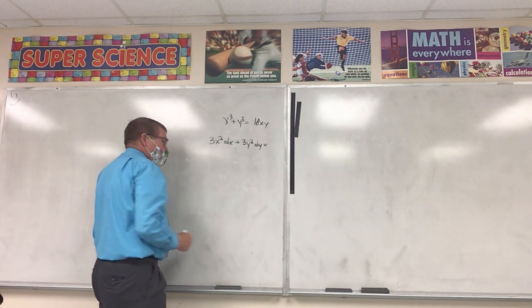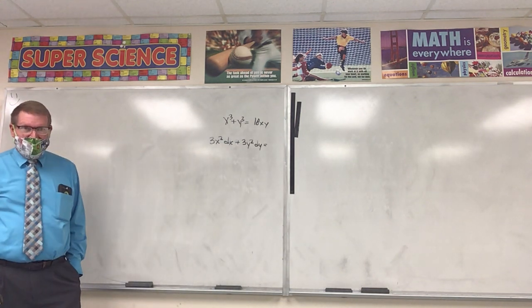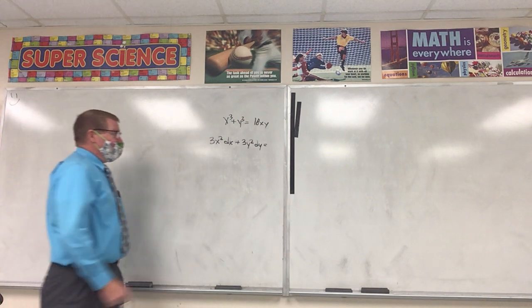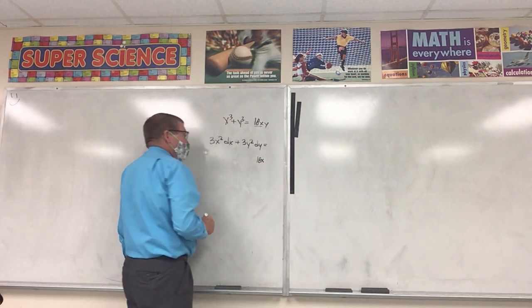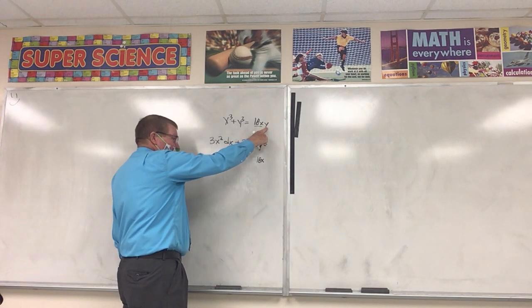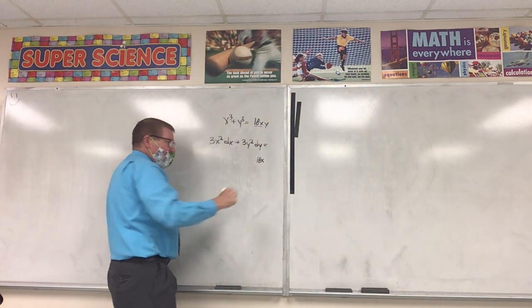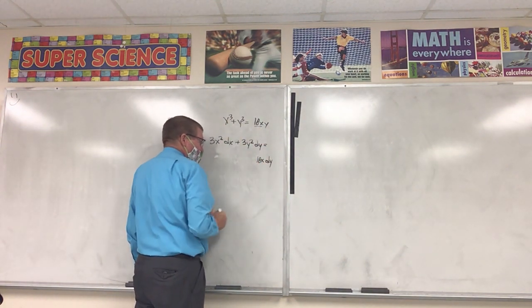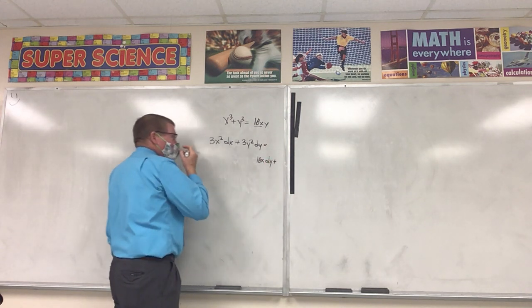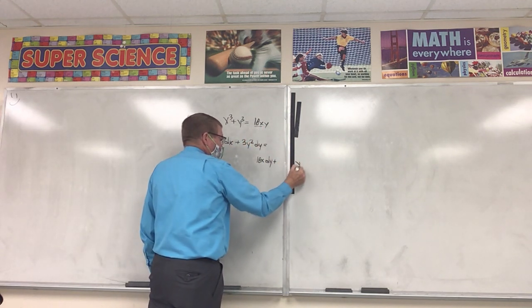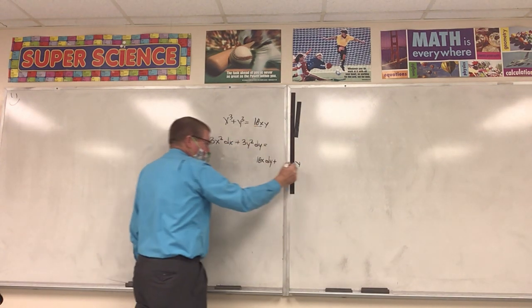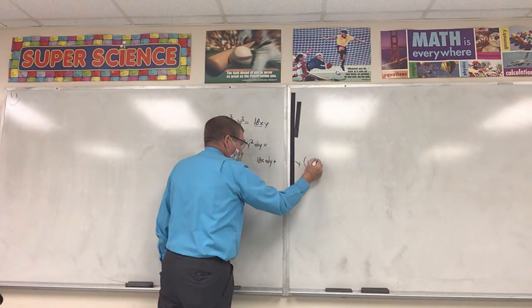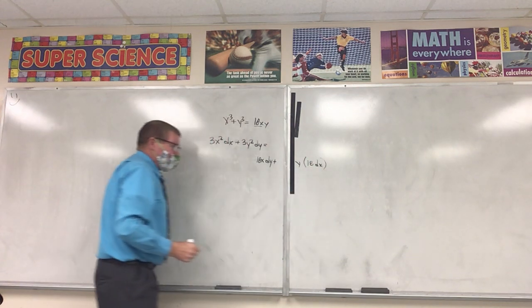Equals, the 18xy is a product, so we're going to use the product rule. The first, 18x, times the derivative of the second, which is 1, so it would be dy, plus the second, which is y, times the derivative of the first, which is 18 dx.